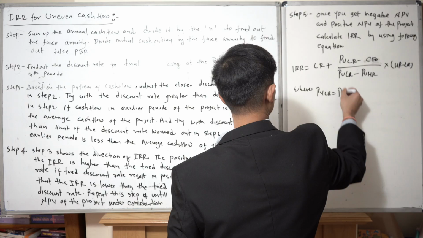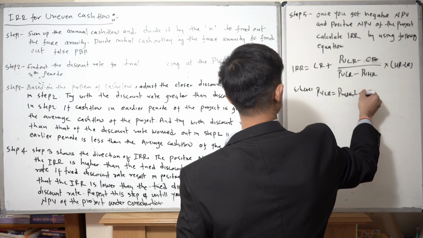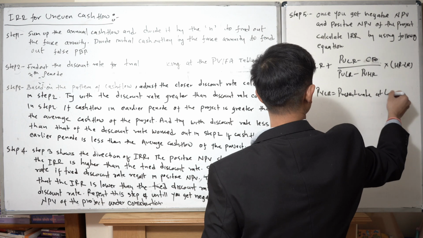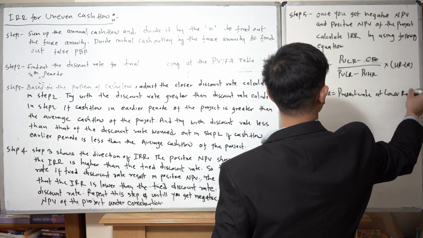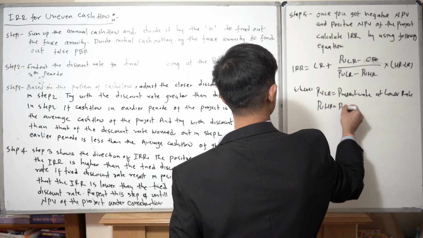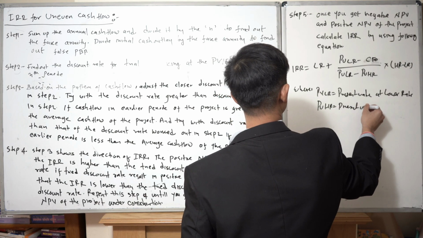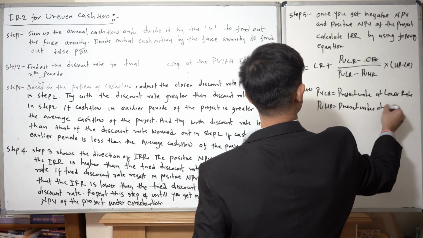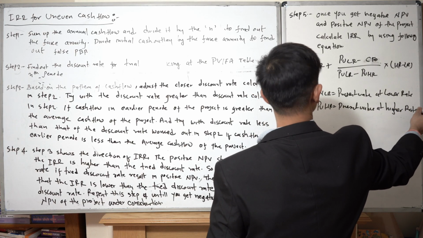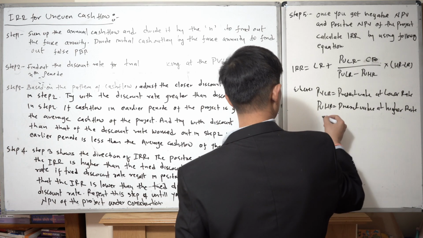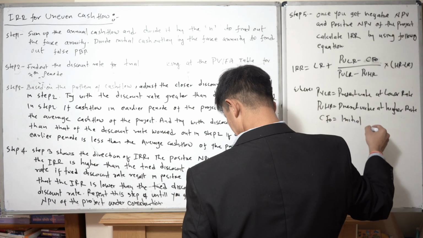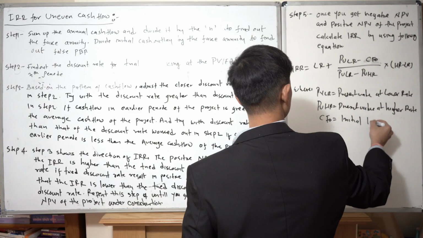PVLR is equal to the present value at the lower rate, PVHR is equal to the present value at the higher rate, and CF0 is equal to the initial investment.